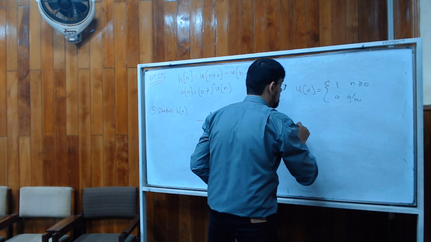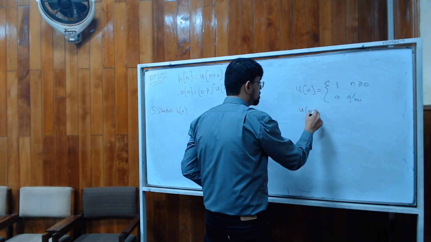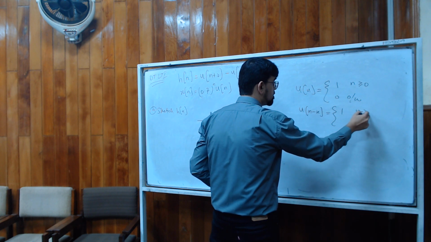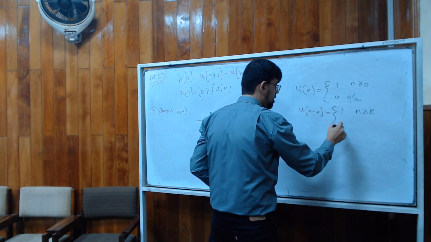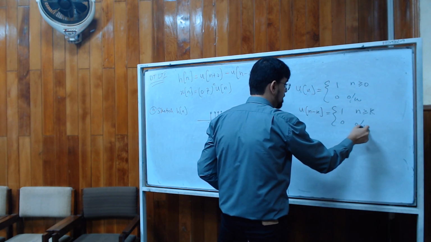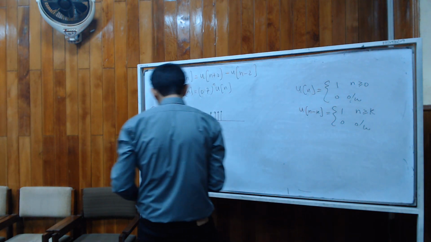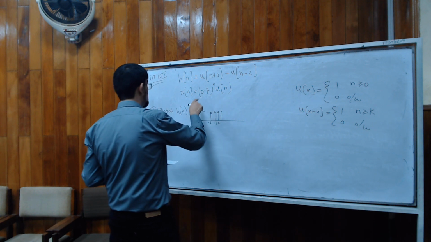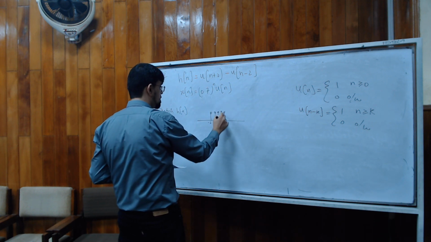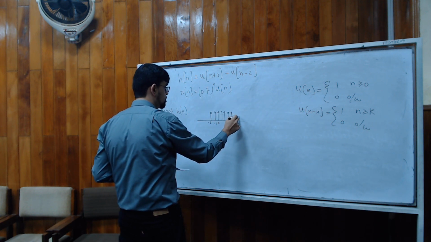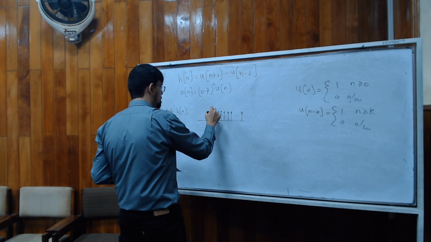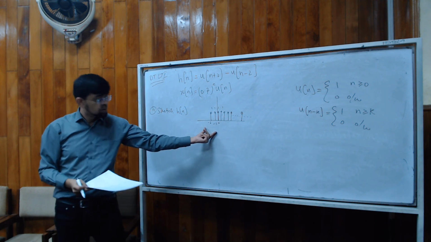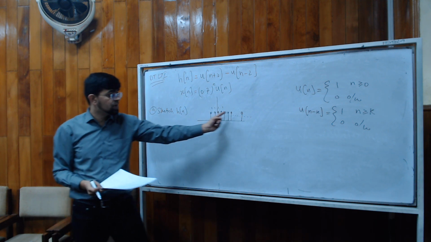That's the definition. So by that definition, u[n minus k] would be 1 for n greater or equal to k, or 0 otherwise. We have done this before. So it keeps going as ones. It's a unit step that starts at minus 2, and all values are 1. This is the first term.